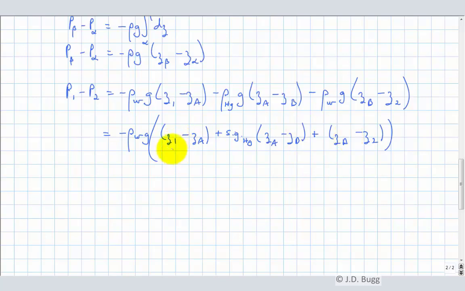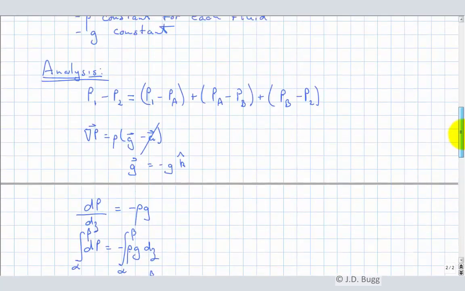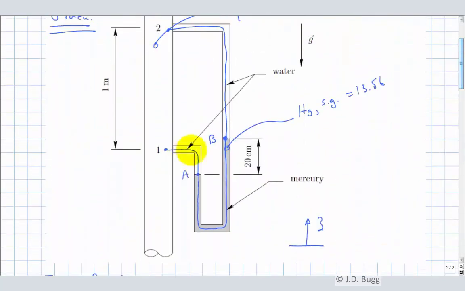So let's go back up to our diagram and look at Z1 minus ZA first. Well, we go to the diagram and we notice Z1 minus ZA, we don't know what that is. There's no way to figure out from the information given on this diagram what Z1 minus ZA is. ZB minus ZA is 20. That's labeled here.